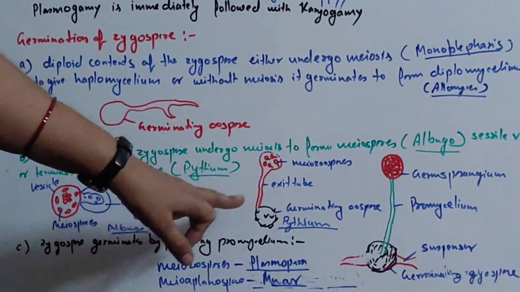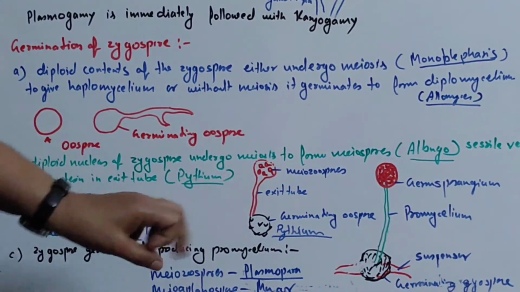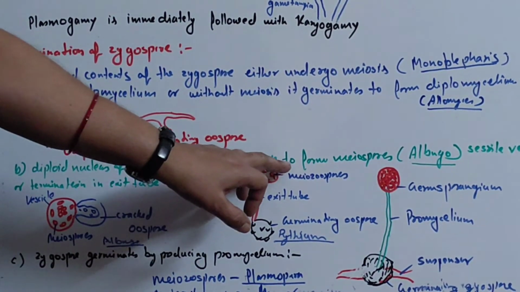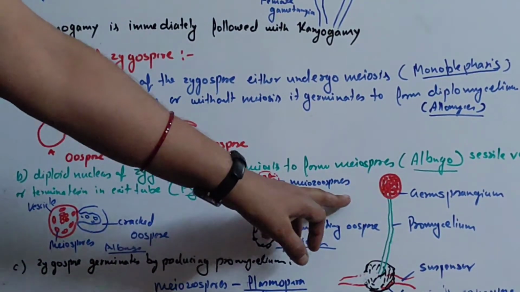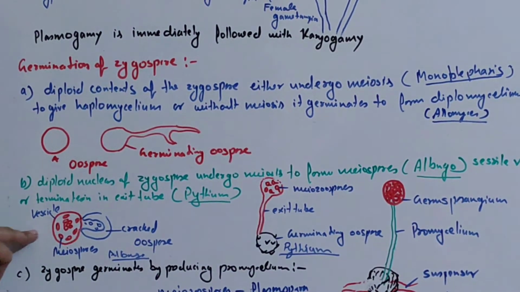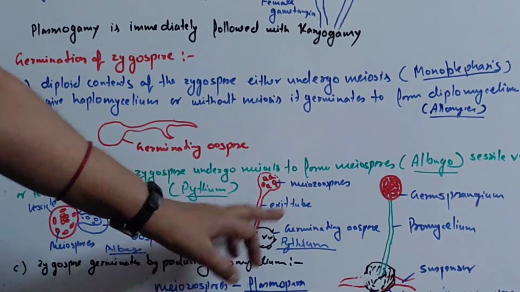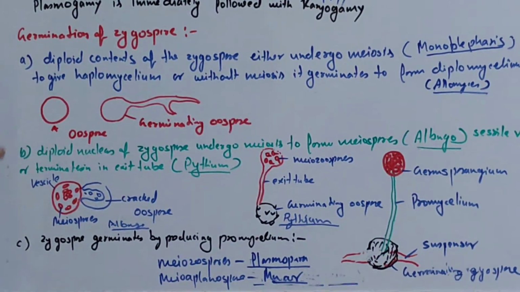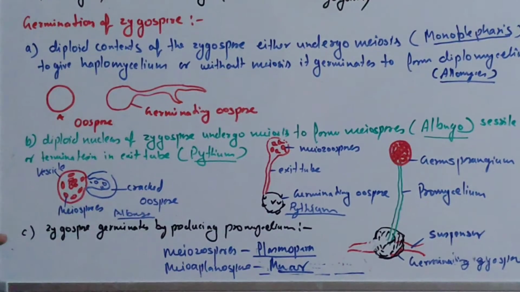In Pythium, when the zygospore germinates, it forms an exit tube. On the exit tube, the vesicle is formed. In this vesicle, the meiospores are differentiated. In this way, Albugo has a vesicle that is sessile, while in Pythium the vesicle is stalked. This is the second type of germination of the zygospore among Phycomycetes.